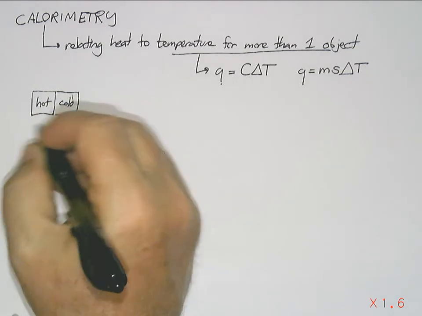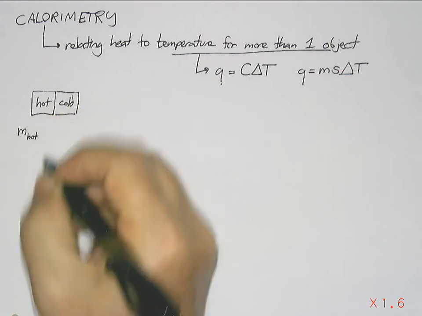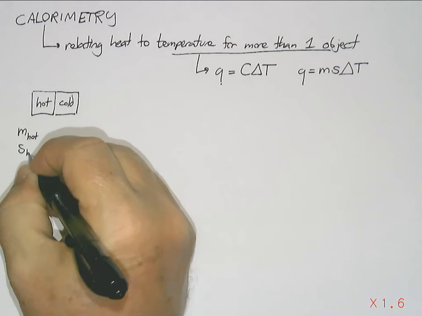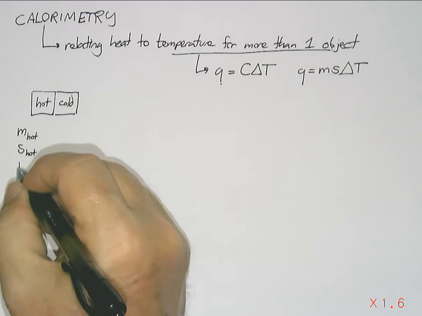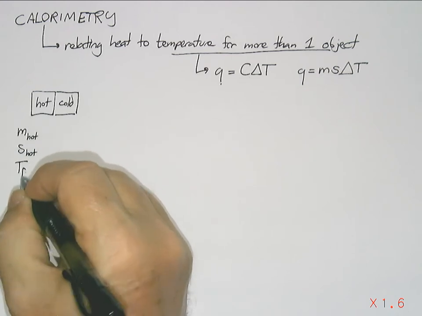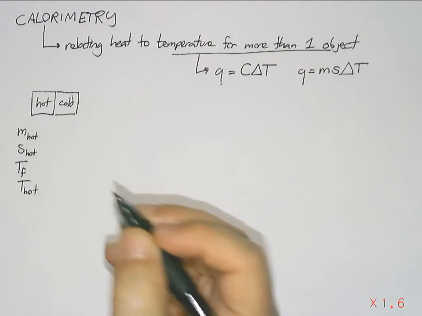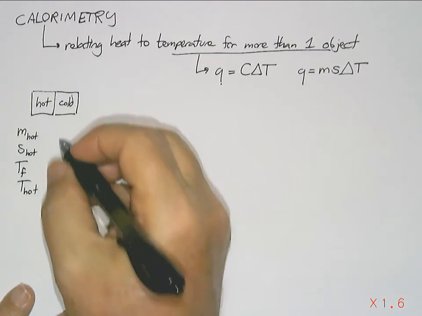Now let's suppose that you knew the mass of the hot object was this, and the specific heat of the hot object was that, and the final temperature of both of the blocks was this, and the initial temperature of the hot object was this. So I'm defining some symbols for things that are in my problem here.